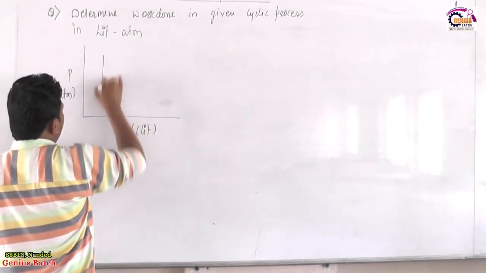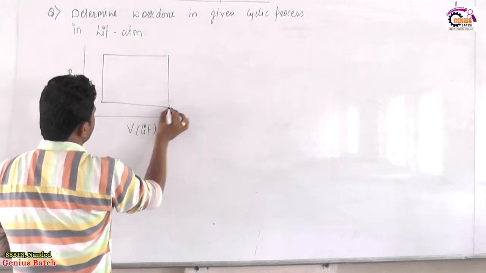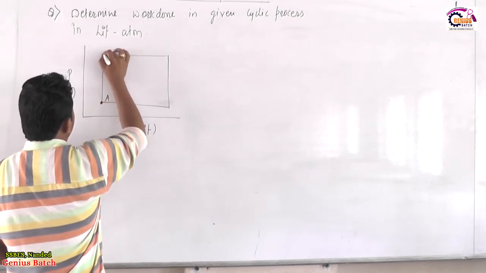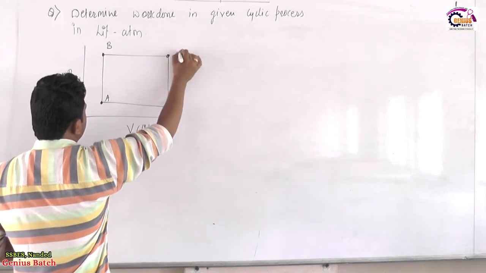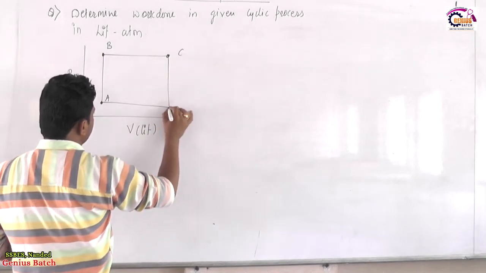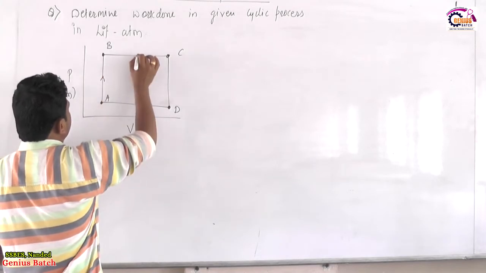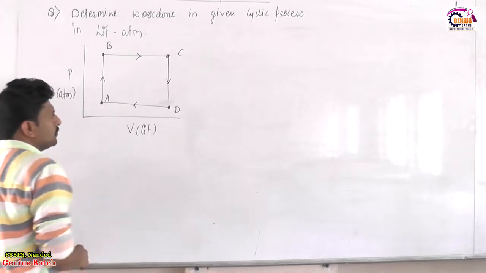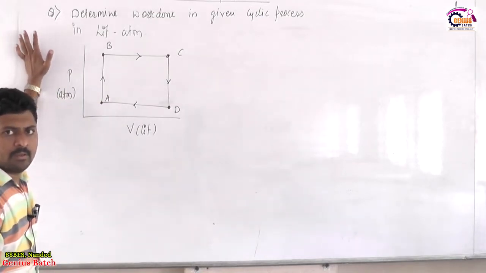The cyclic plot is a rectangular process starting from point A in a clockwise direction. B, C, D are the other points of it. The process is clockwise, represented by arrows on the edges of the rectangle.